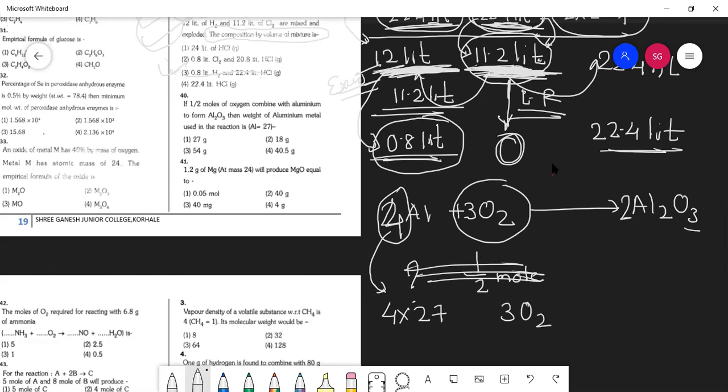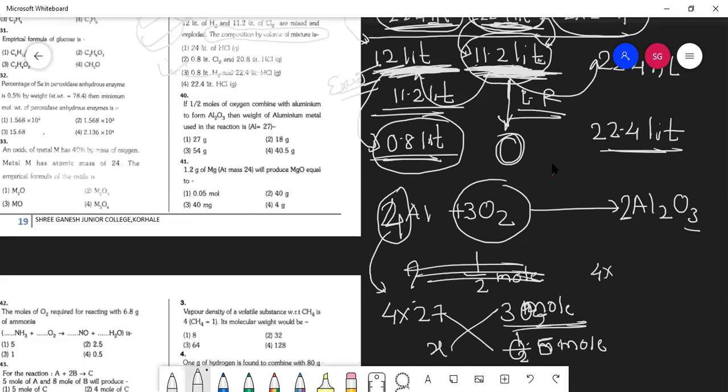But they said, can I write it as 3 moles? Yes. So they have given us only half mole, means 0.5, no? Yes, sir. Cross multiply it, you'll get the answer.